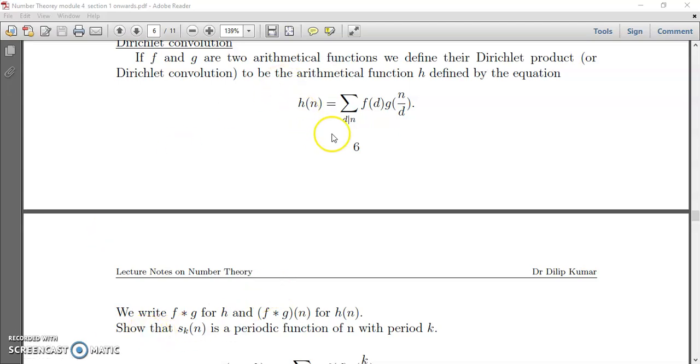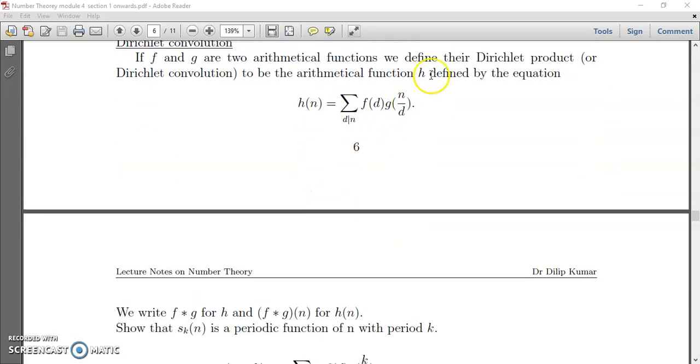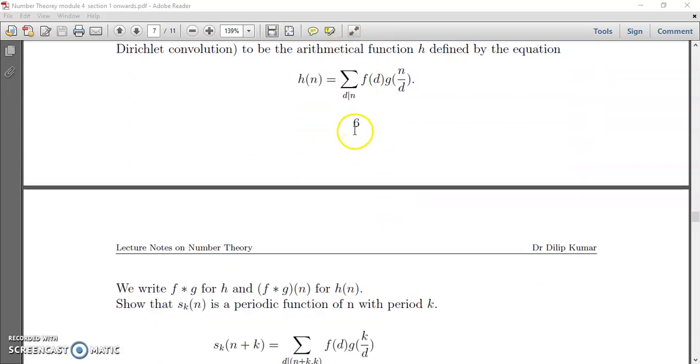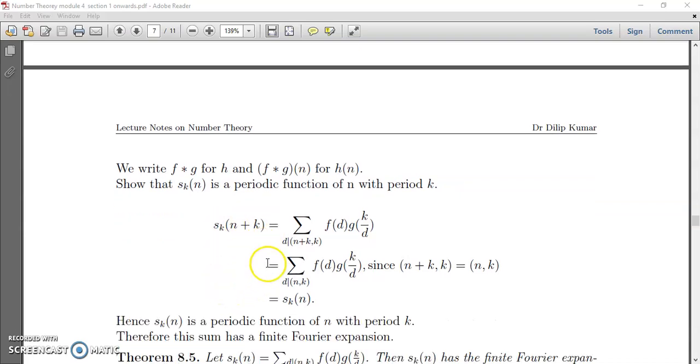So now let us first show that this s_k(n) is equal to sigma d divides gcd of (n,k) f of d g of k by d. We will prove first that this function is periodic. For that, let us find s_k(n plus k). s_k(n plus k) is nothing but sigma d divides gcd(n plus k, k) f of d g of k by d.